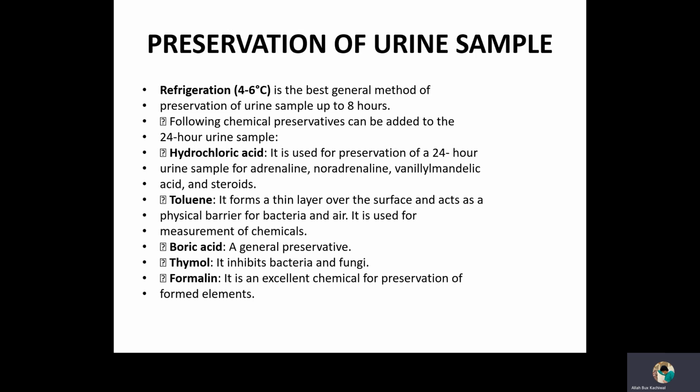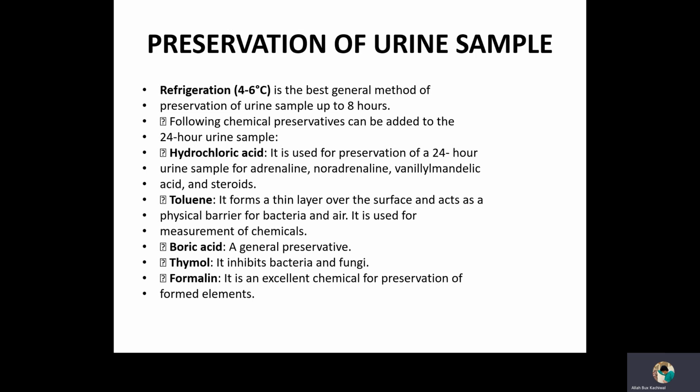The following chemical preservatives can be used for a 24-hour urine sample. If you want to preserve the urine sample for 24 hours, you can use chemical preservatives, which save the sample and give more shelf life to the urine without changing the results.